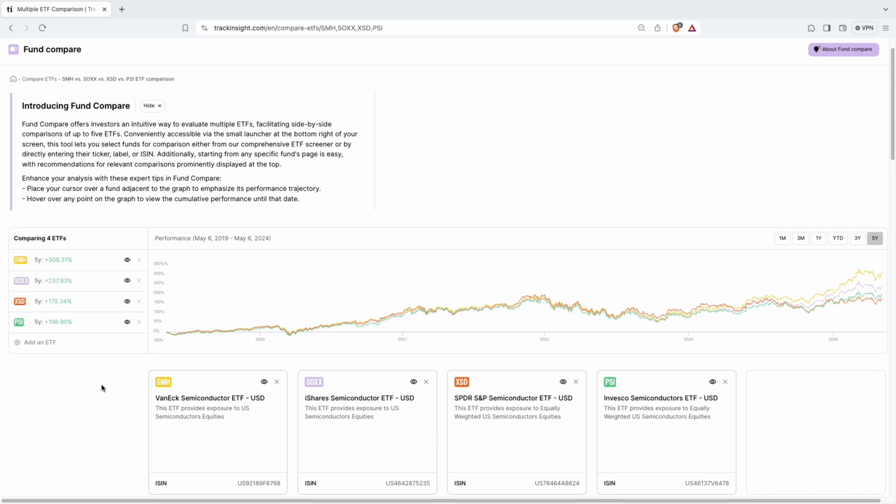As you see by the chart here and over here, SMH clearly dominates in the past performance with 308% compared to the next best SOXX at 237%, and then XSD and PSI not breaking 200%. Obviously, there's still fantastic returns for ETFs, but if you're looking for the best performance, SMH right here, 308%.